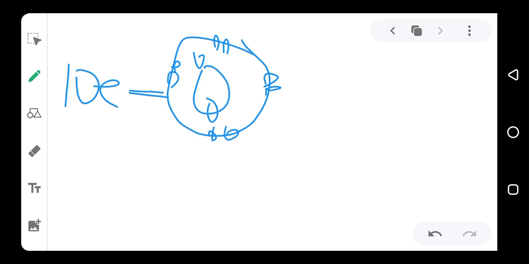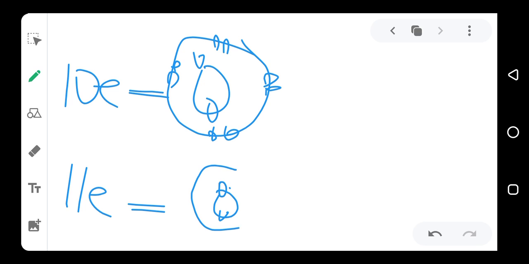Now, if you have another one that is 11, it is going to contain 3 shells. The first one will carry 2, the second shell will carry 8, this is complete.